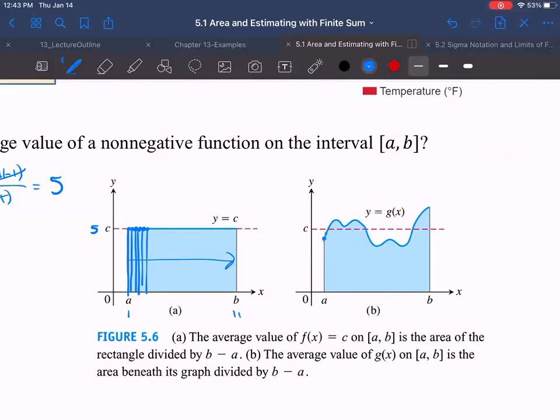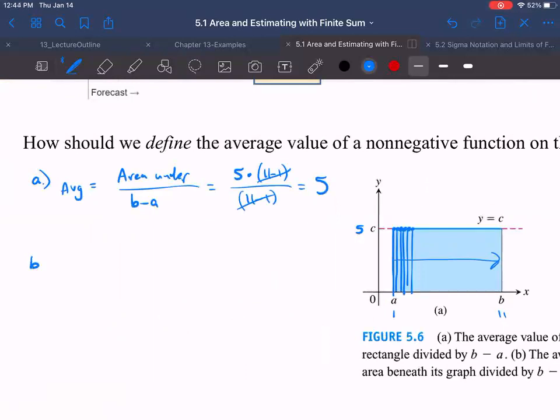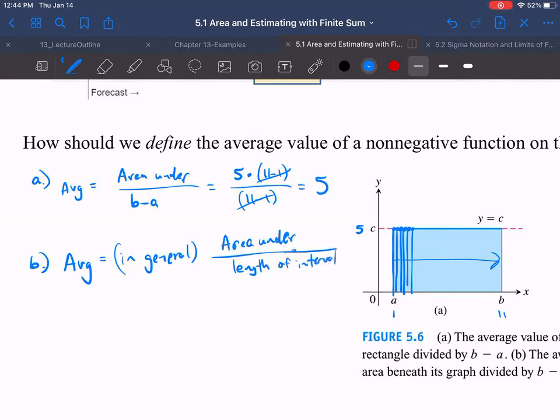You could go through and find all these different little heights here, add them all up, find the area underneath this whole thing, and then divide it by B minus A. So for B, again, in general, our average value is going to be the area under the curve divided by the length of the interval. Okay, so that's what this is going to be in general.